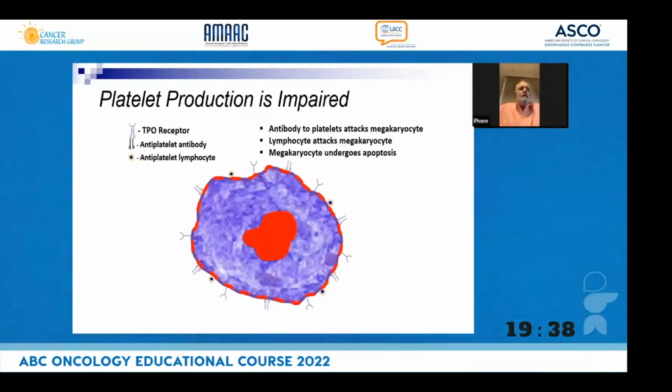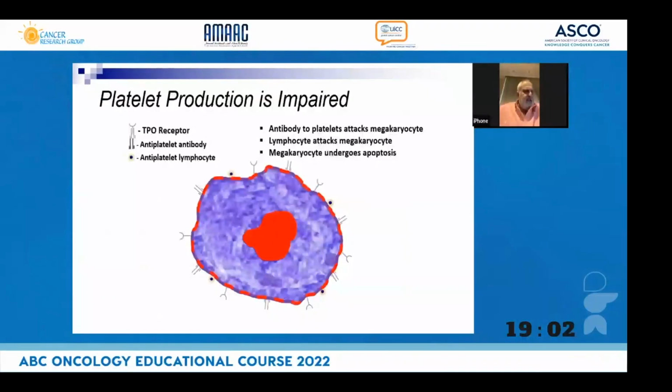We would do the bone marrow, see a hypercellular marrow with increased megakaryocytes, and we were all happy, as this meant peripheral destruction. This is not what we're seeing now. We know that the TPO receptor is involved here, that we have antiplatelet antibodies and antiplatelet lymphocytes, and this results in antibodies to platelets that attack megakaryocytes.